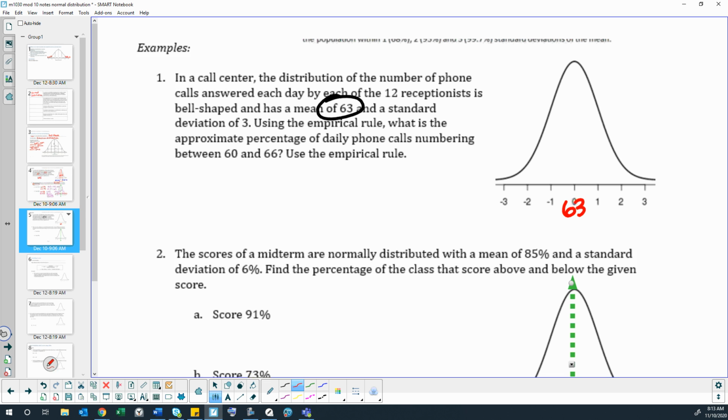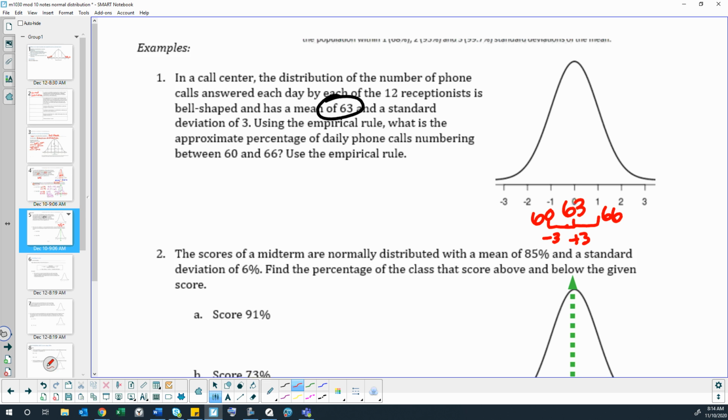So that means where the ones are, those are obtained by taking the mean and adding 3 and subtracting 3. So where the 1 is, what number would that be if I add the standard deviation to it? 66, correct? So I'm going to add 3 and I get 66 there. And for this one, I'm going to subtract 3. And so that gives me 60 at that spot right there.